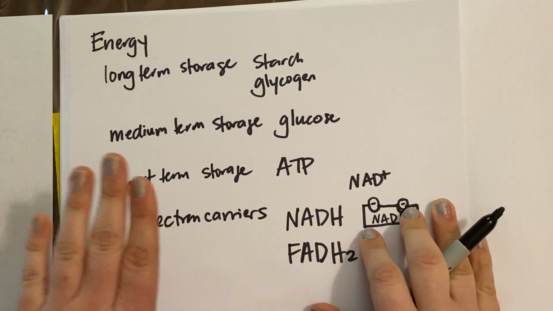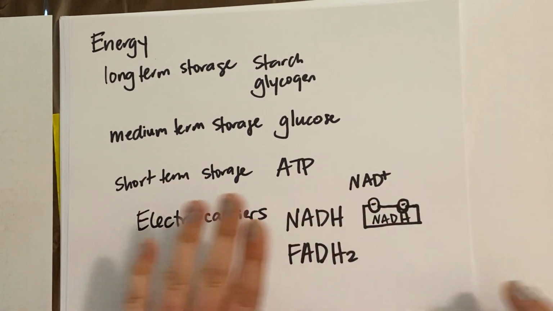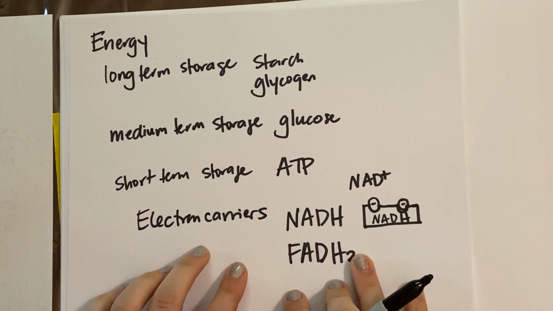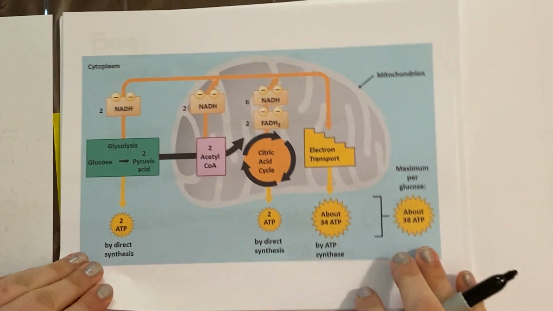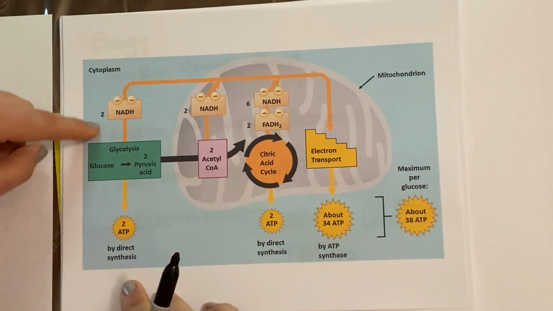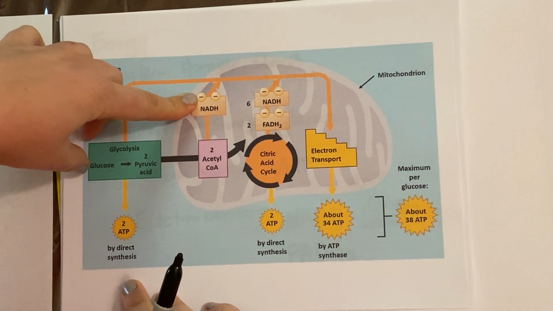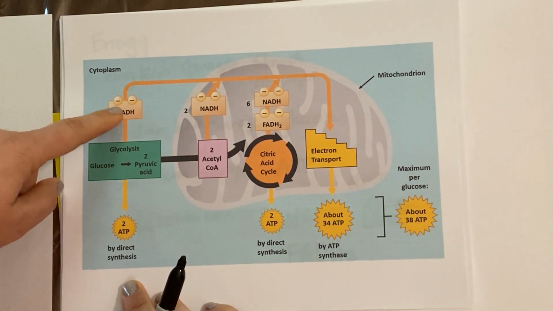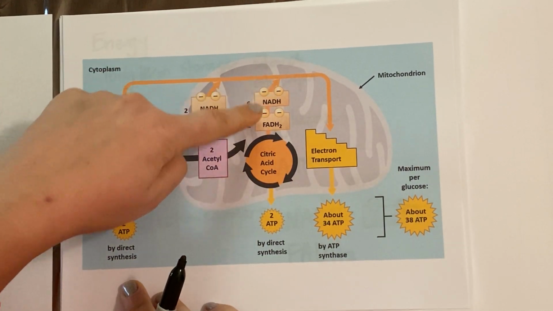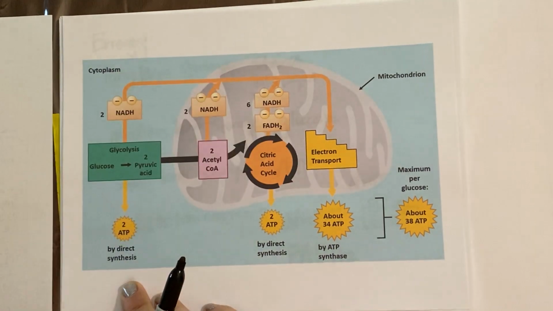They'll take electrons from one place to another, and all of the electron carriers in cellular respiration are going to take electrons that have been taken off of glucose, off of acetyl-CoA, off of what happens in the citric acid cycle, and takes those electrons, these little negative charges, to the electron transport chain.